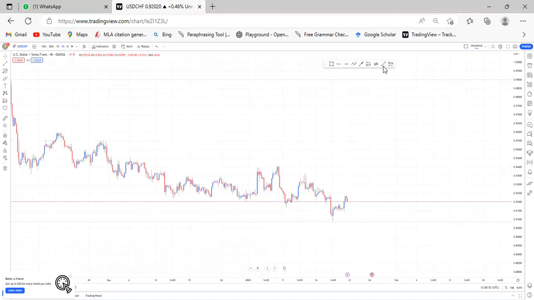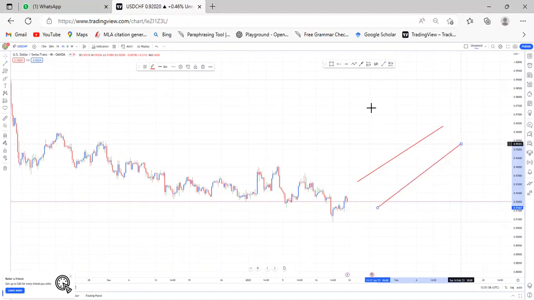So let's take an example of an uptrend because I want to show you how you can trade an uptrend. In an uptrend, the market is making a series of higher highs and higher lows.